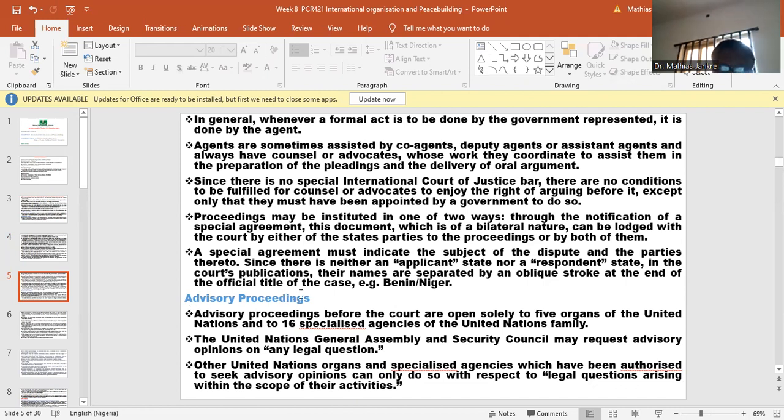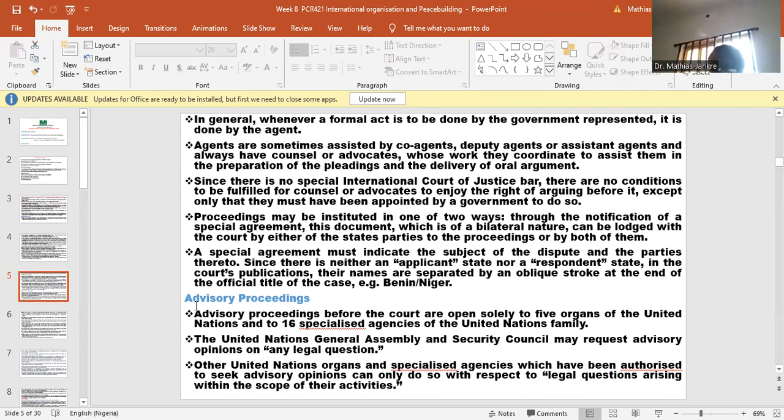Advisory proceedings. Advisory proceedings before the court are open solely to five organs of the United Nations and to 16 specialized agencies on any legal question.